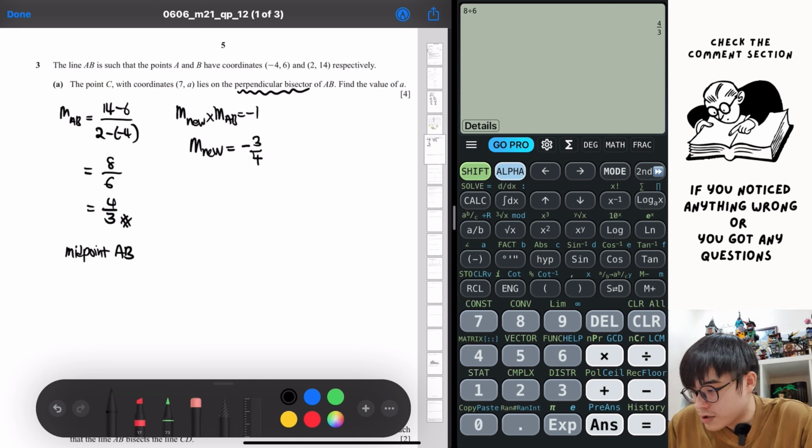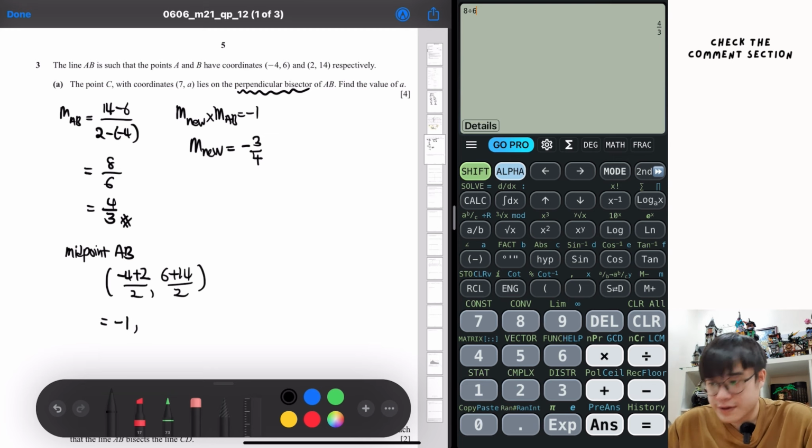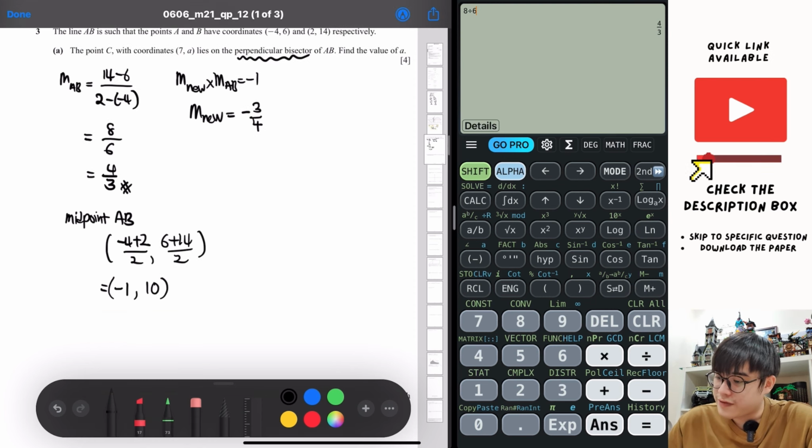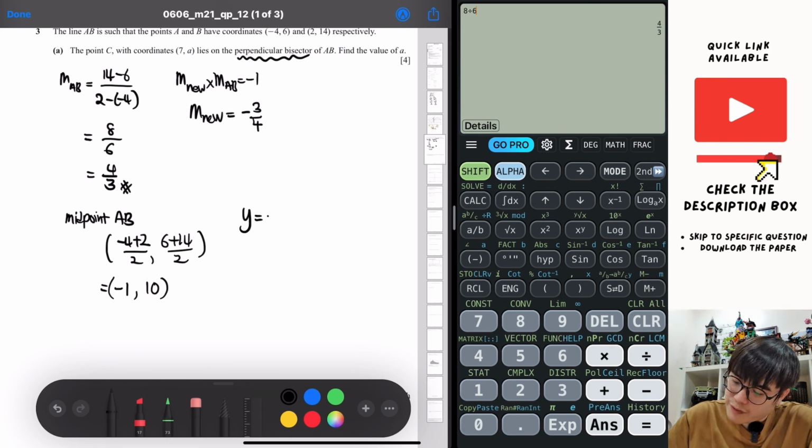So the calculation of it is pretty straightforward. You actually get it as -1, 10. So with this value here, you can now proceed with your calculation. So let's find our equation here. Y equals -3 over 4x plus c.